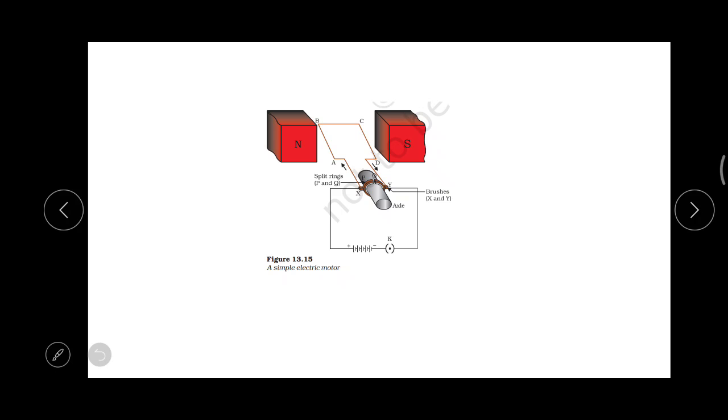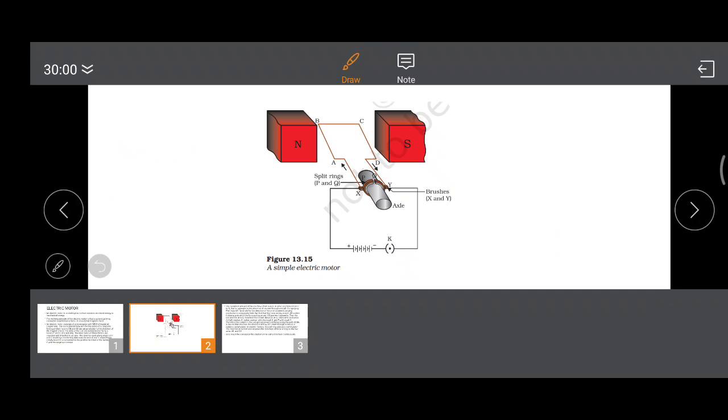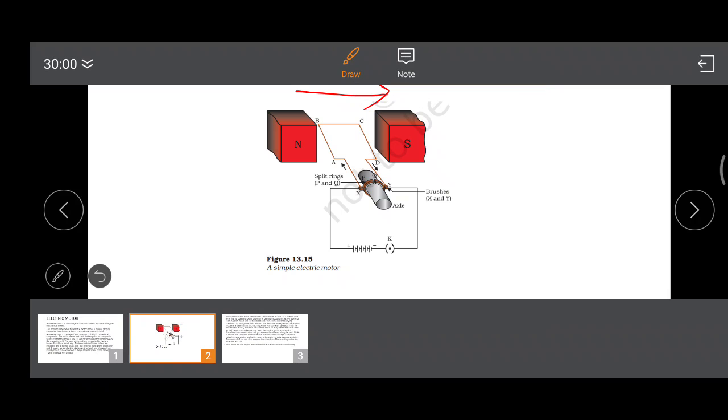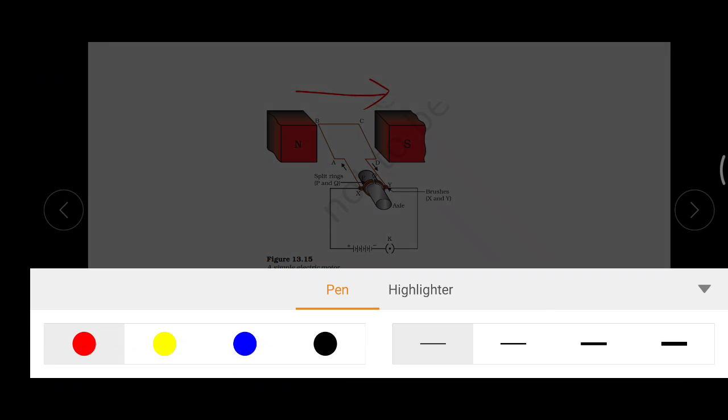First of all, you can see the north and south poles of the bar magnet. This is the direction of the magnetic field in the case of the bar magnet.